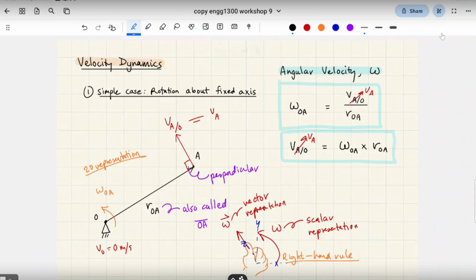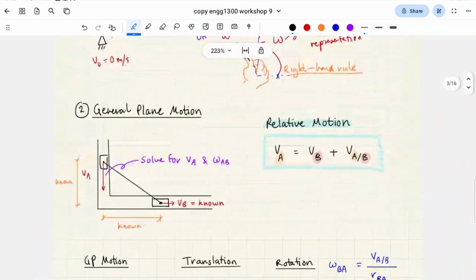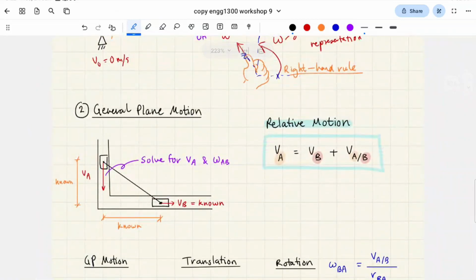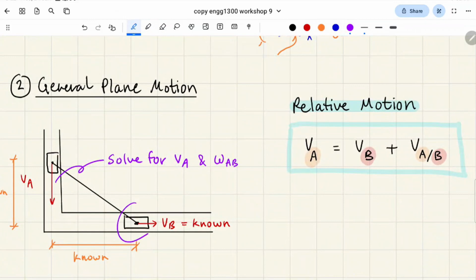Okay. Okay, so next, moving on to general plane motion. So basically in this particular question, we have two sliders. And they're going to move like this kind of, so this one will move from here over to maybe here. This one will move from here to down here, right?